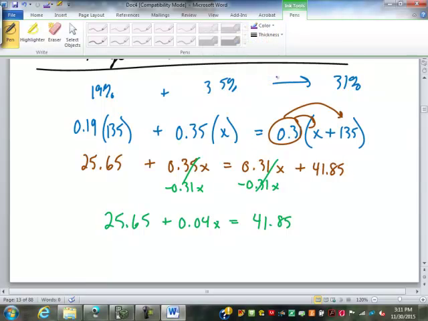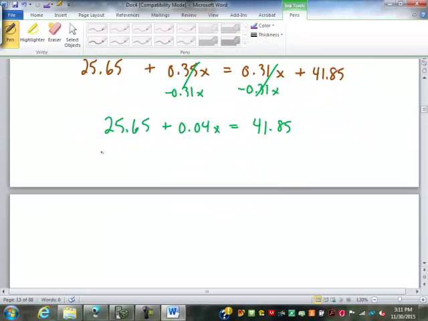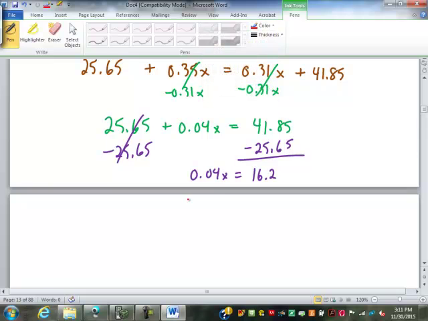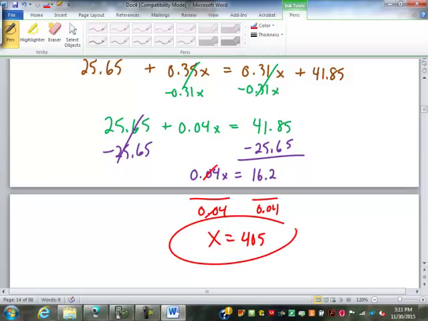Then minus the 25.65: 0.04x equals 16.2. Then divide by 0.04, which gives x equals 405. 405 milliliters.